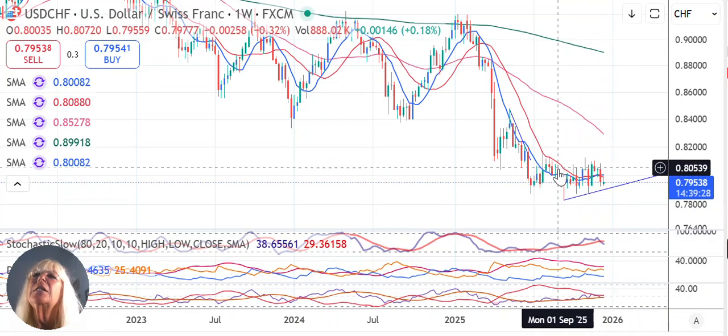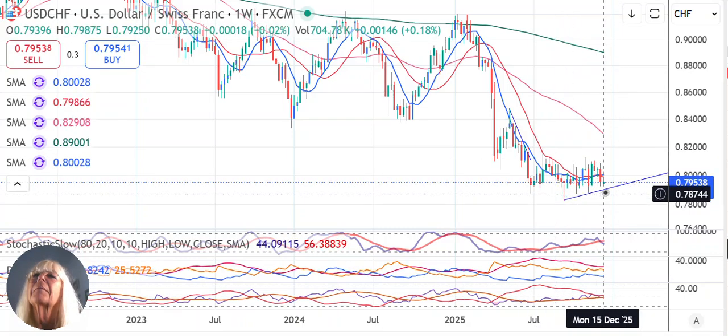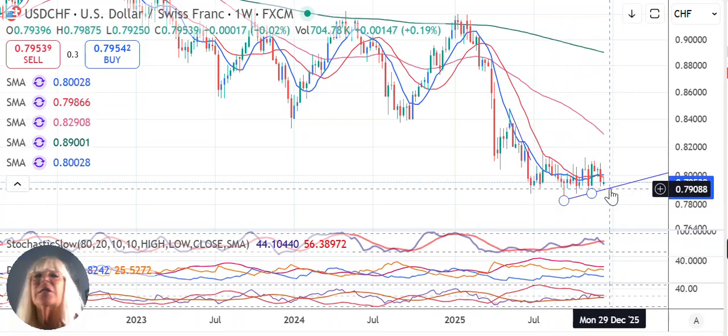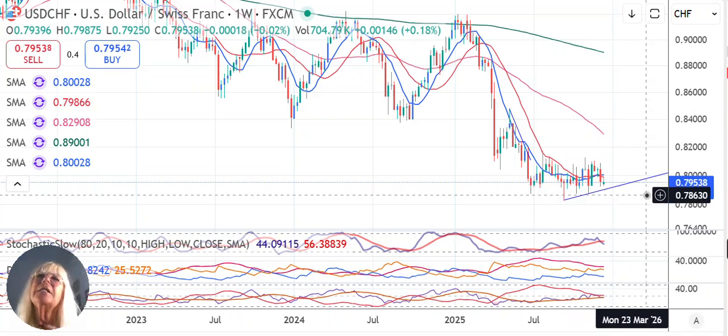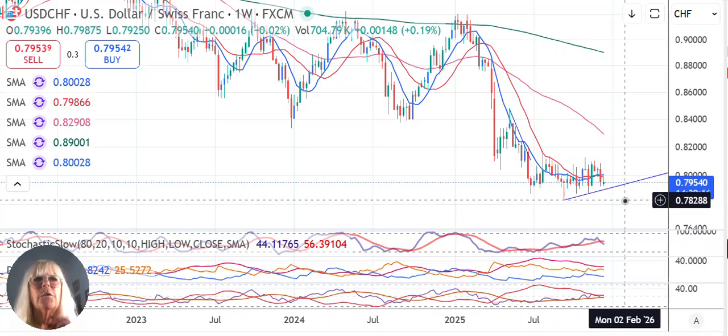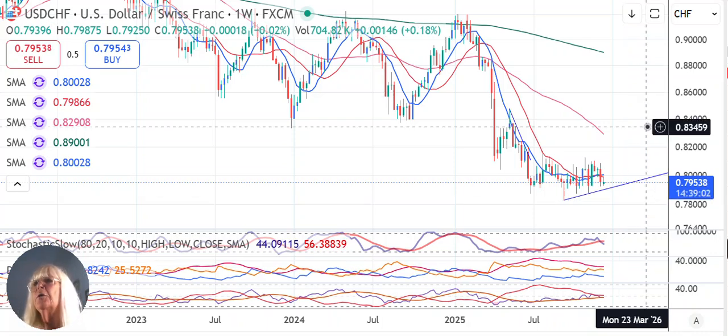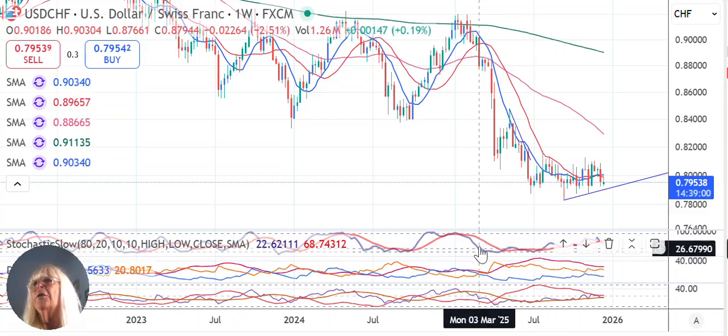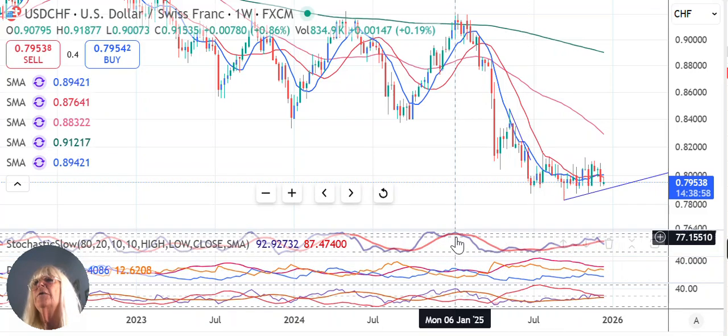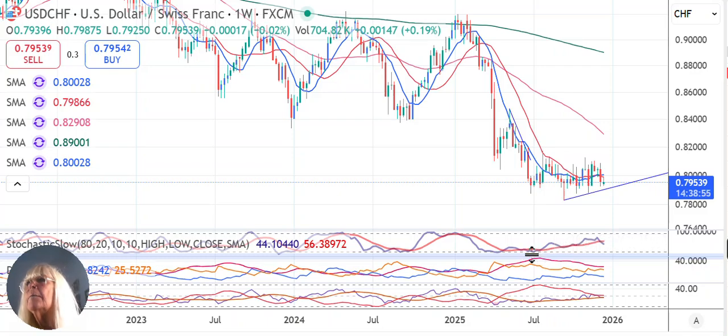I think this is a continuation pattern. The reason I'm saying it is because a continuation pattern that you get within trends is like a pause for breath: consolidate, ease the overbought or the oversold indicators.